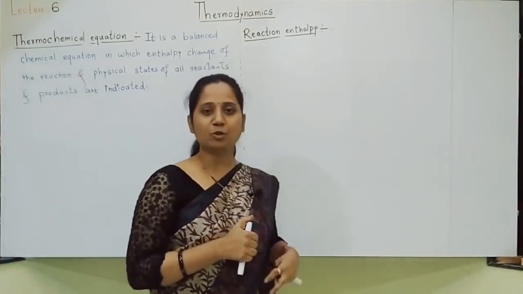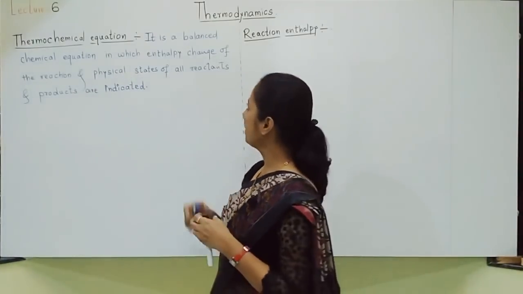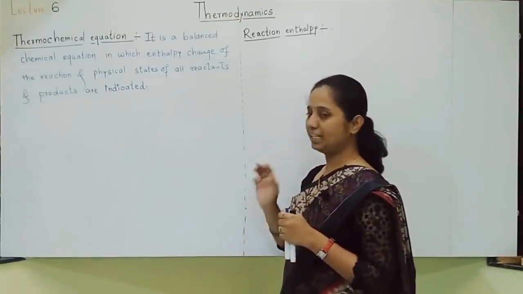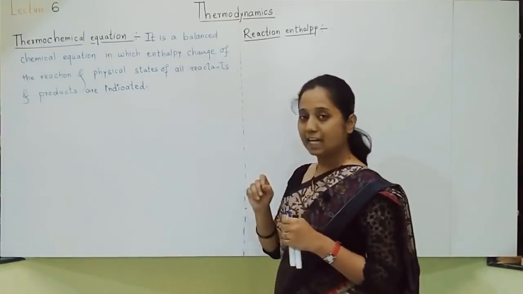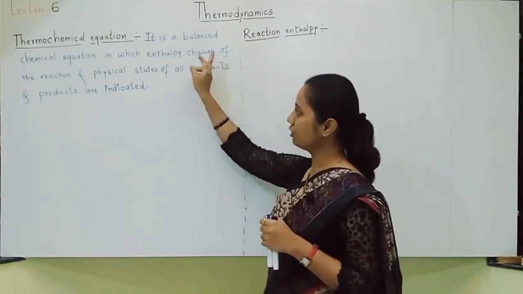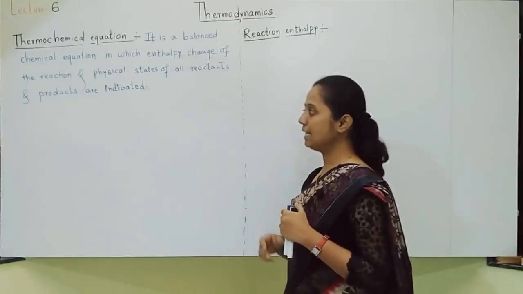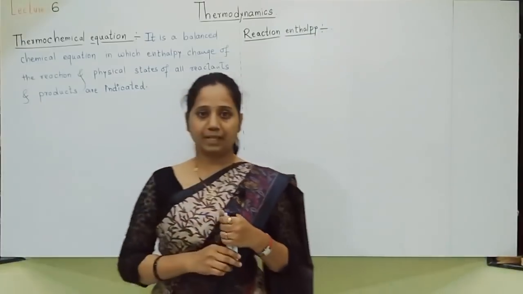So what is a thermochemical equation, students? It is a balanced chemical equation in which the enthalpy change of the reaction, how much enthalpy change took place in that reaction, and physical states of all the reactants and products are indicated.